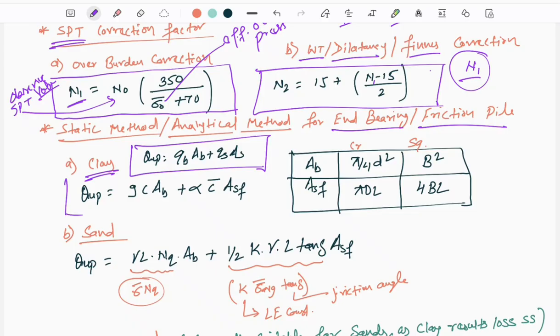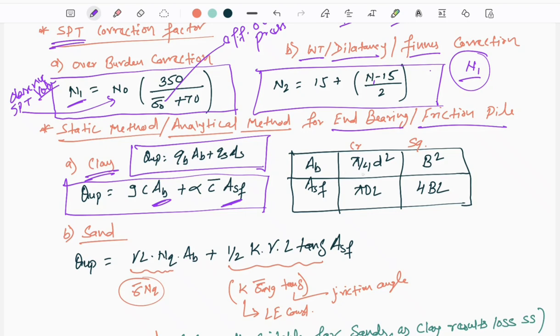So QUP is equal to Nc into AB plus alpha c bar into ASF, where AB and ASF you need to calculate. AB is the end bearing area.